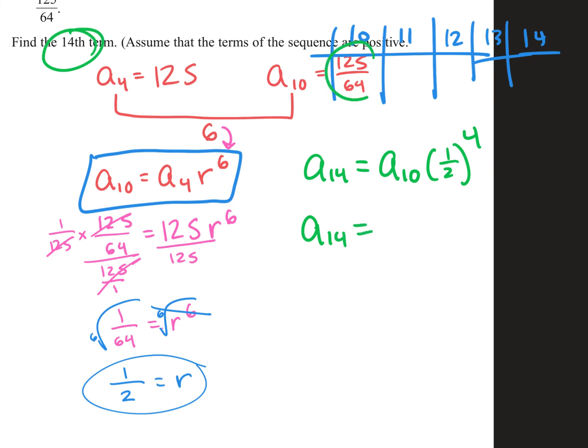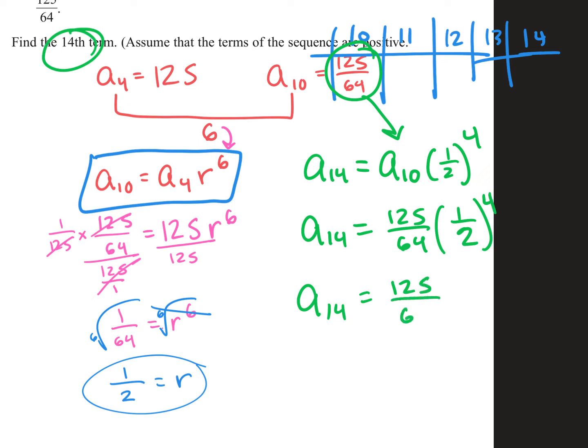It is 125 over 64, so we're going to put that there. So what is 1/2 to the 4th power? 1 over 16. So this is 125 over 64 times 1 over 16.